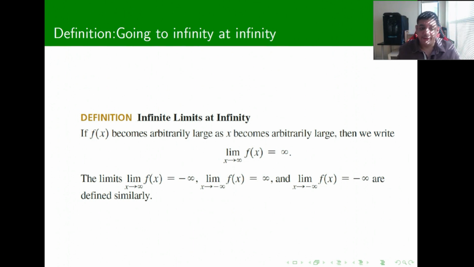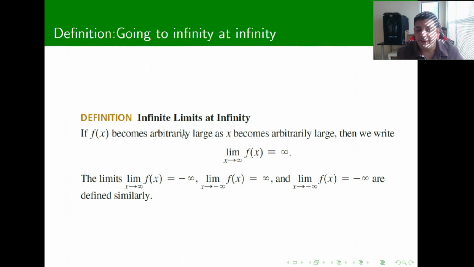But it can happen as well that when you're approaching infinity, the function is just going to go to infinity. Especially that can happen if you don't have a rational function, but you have a function like x squared or any line or an exponential. Anything that doesn't have something suppressing the growth of the function is going to go to infinity.